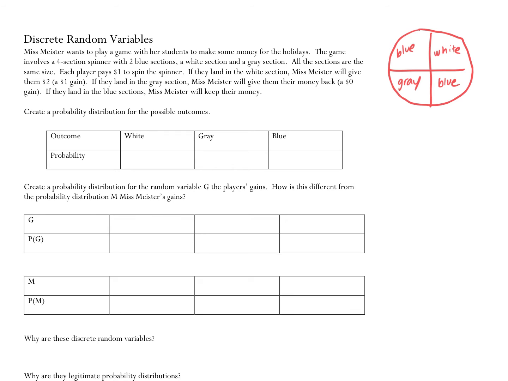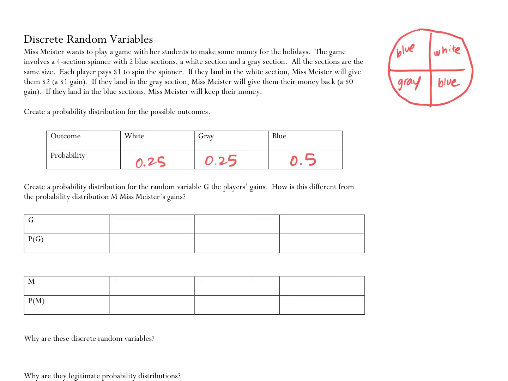So if I spin this spinner right now, what is the probability it lands on white? And if it lands on gray, 0.25. If it lands on blue, 0.5. So are we cool with saying in this case, this is no longer a 50-50 situation, okay?